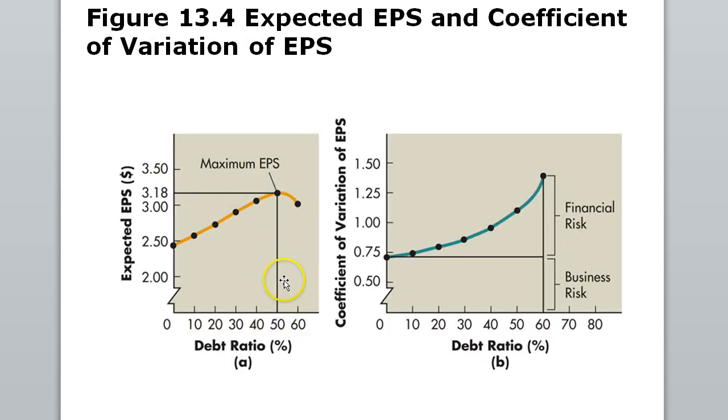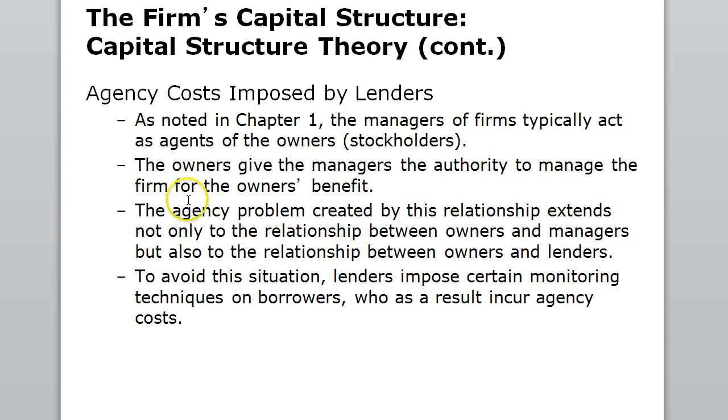So 50% debt gives us the maximum earnings per share. At a 60% debt ratio, we have the highest amount of risk, financial risk and business risk. And at 50%, we have a lower amount of risk. So as debt decreases, our risk decreases, because the debt is what gives us our financial risk. All right.